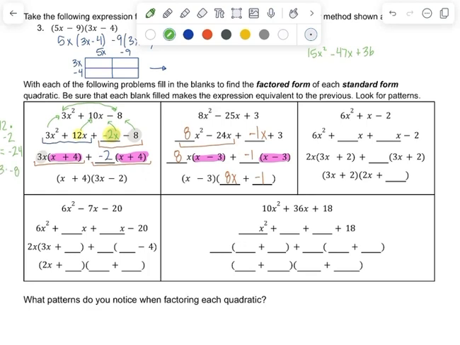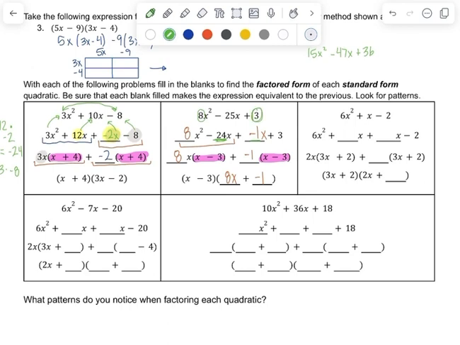That also equals negative 24. Here in the second problem, we have negative 24 plus a negative 1x. And so those added together equals a negative 25, but when they're multiplied together, they equal positive 24.